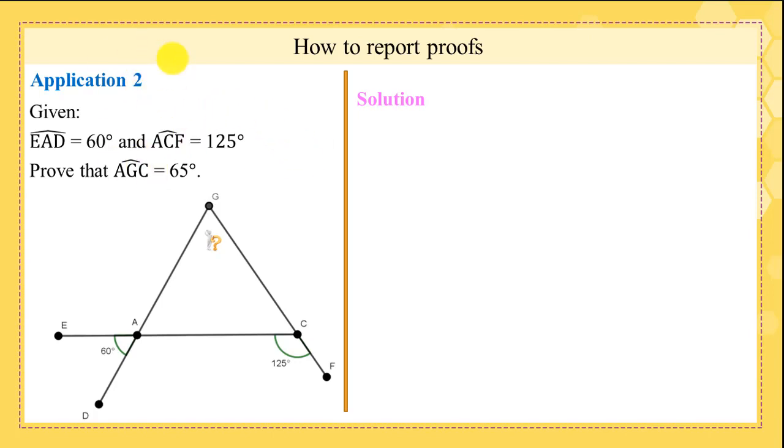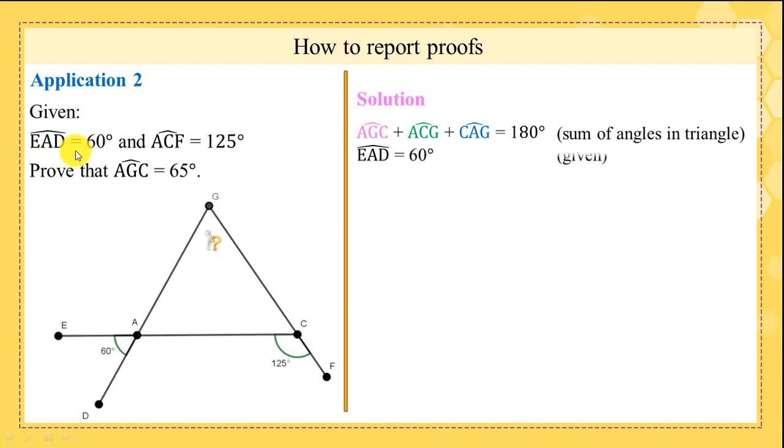We have first from the figure the triangle GAC, sum of angles of this triangle is equal to 180 degrees. AGC plus ACG plus CAG equal 180 degrees, sum of angles in triangle. Also, we have from the given EAD equals 60 degrees and ACF equal 125 degrees.